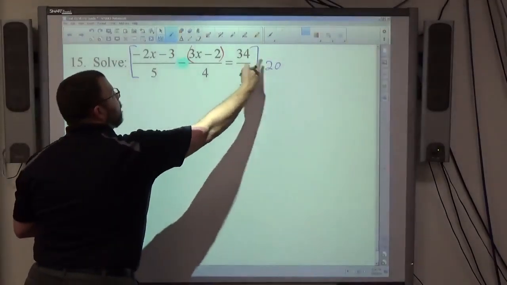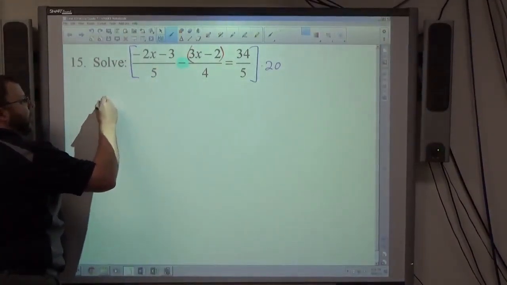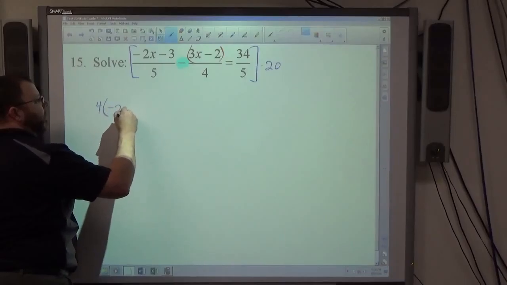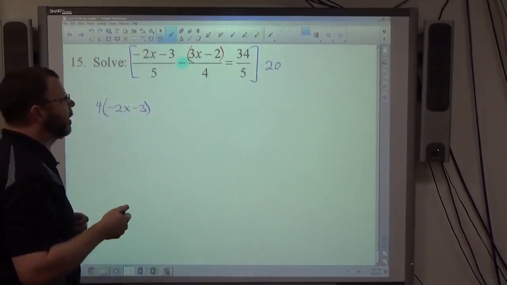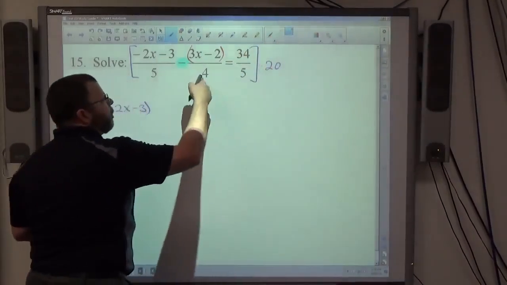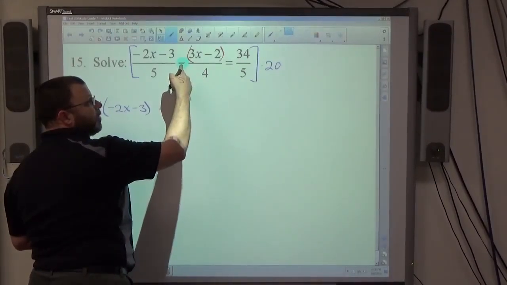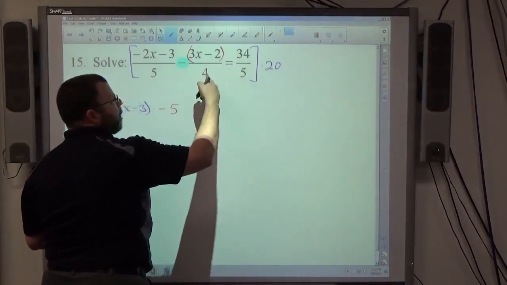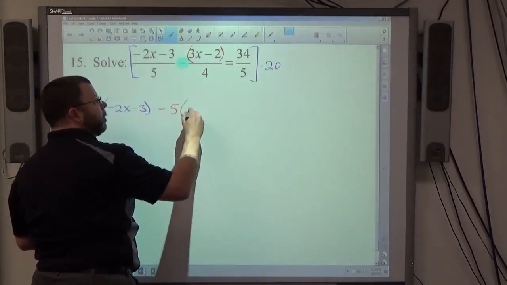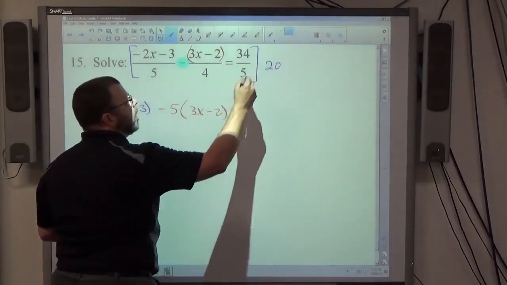So, 20 divided by 5 is positive 4. That's being multiplied by the top, which is negative 2x minus 3. Nothing weird about that. Okay, 20 divided by 4 is 5, but it's actually attached to this minus sign. So whatever this is attached to this quotient. So 20 divided by 4 is 5, but it's actually minus 5 being multiplied by 3x minus 2.